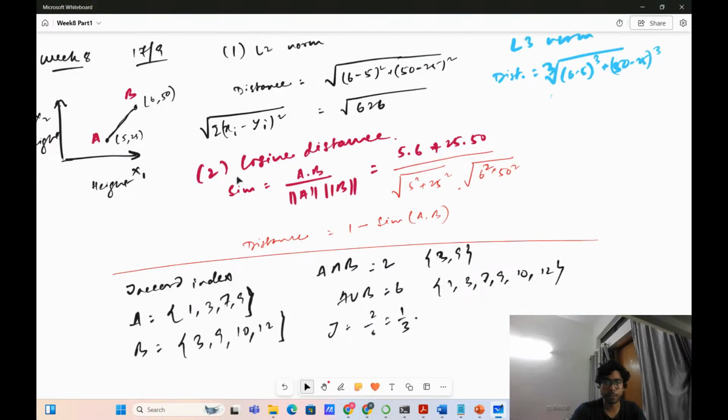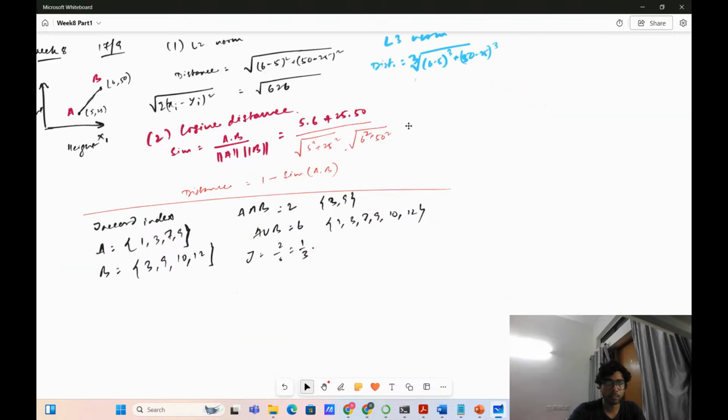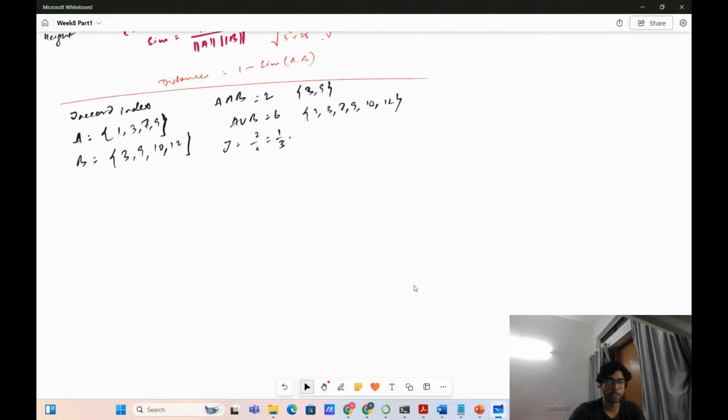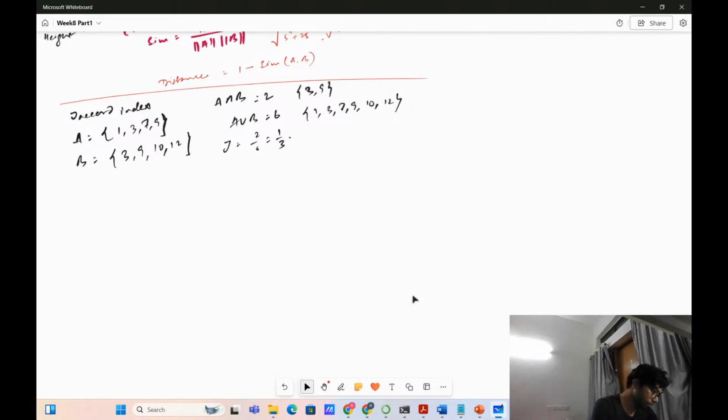Let me demonstrate what I have just said in a graphical way. What I was trying to say is that, let's say you have these data points.